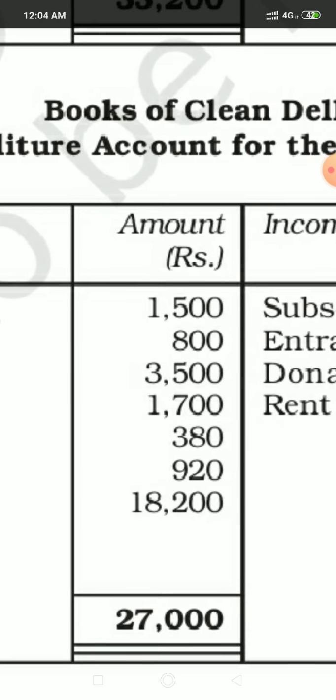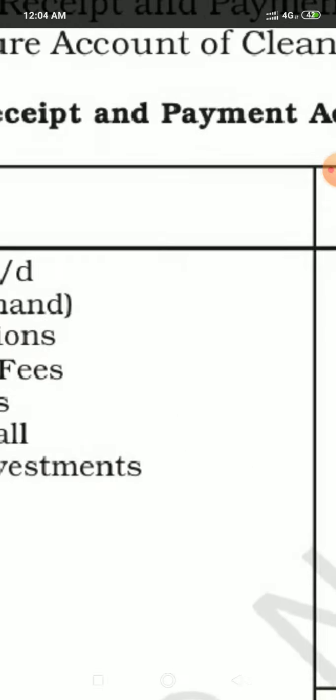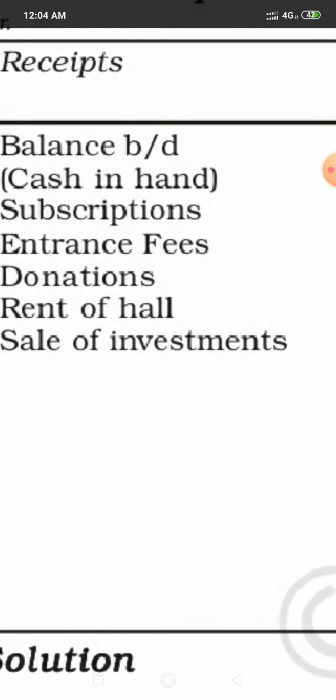This is the way by which we solve or make the income and expenditure account using the receipts and payment account. Again, I would like to repeat the four things to keep in mind while making the income and expenditure account from the receipts and payment account. First, only revenue income and expenditure we will take.